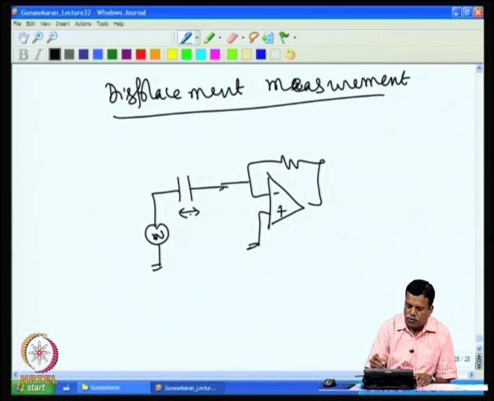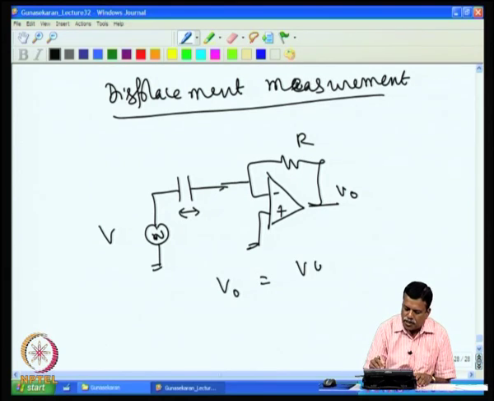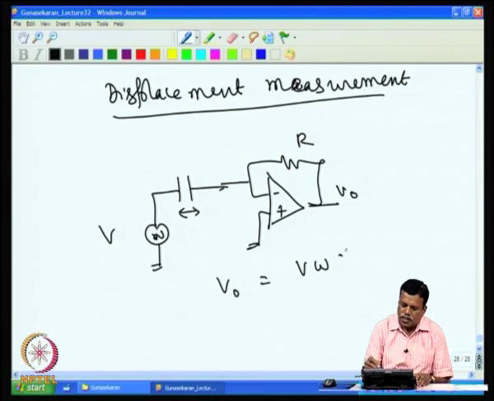So, now the output voltage, which is V naught, with this R, is given by V omega C into R.